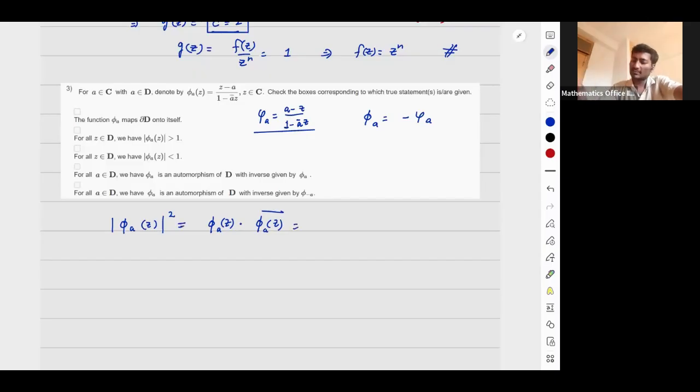You know that modulus is defined this way. Now, what is this? (z minus a) divided by (1 minus a bar z), into (z bar minus a bar) divided by (1 minus a z bar).